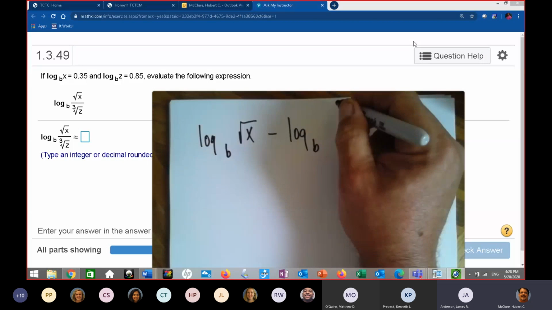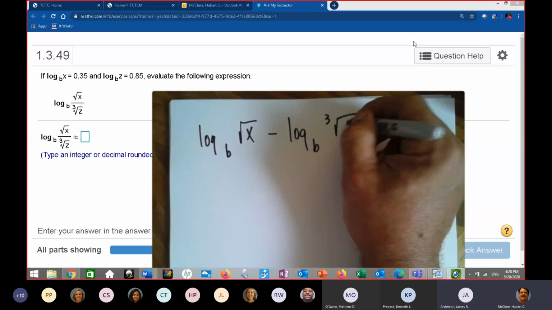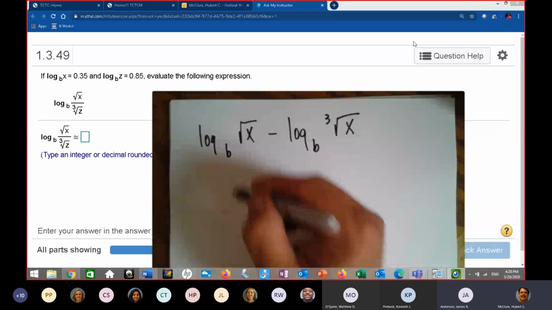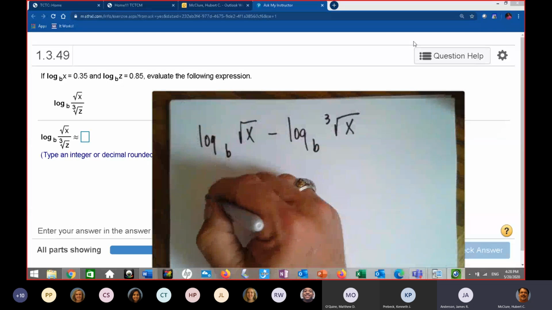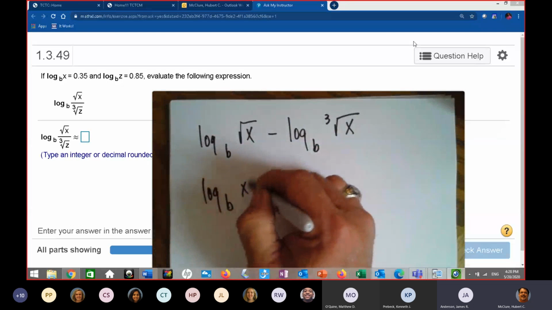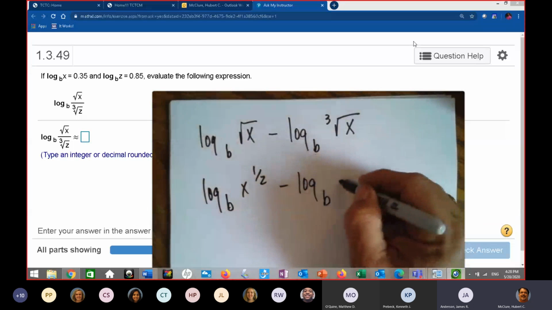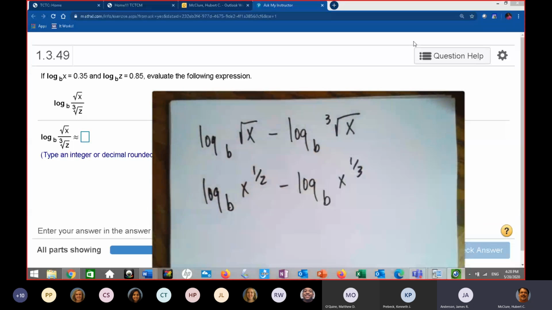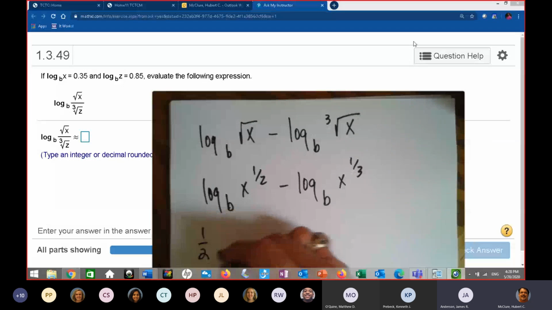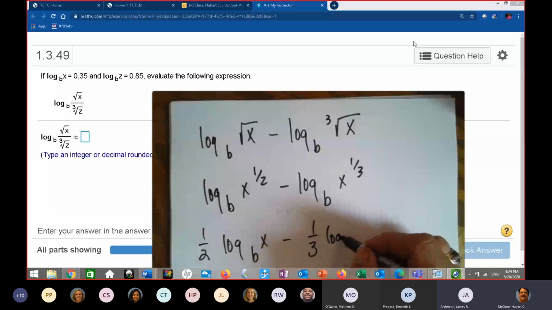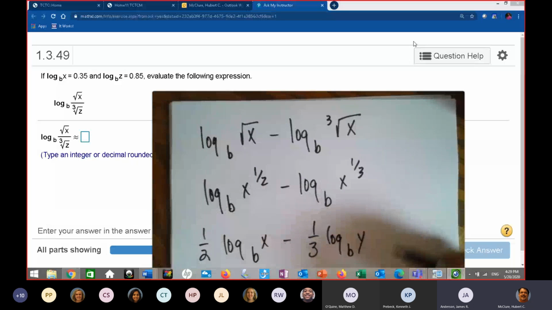Then rewrite without radicals: log base b of x to the 1/2 minus log base b of x to the 1/3. Use the power rule: 1/2 log base b of x minus 1/3 log base b of y. It's supposed to be z, I'm sorry, z.